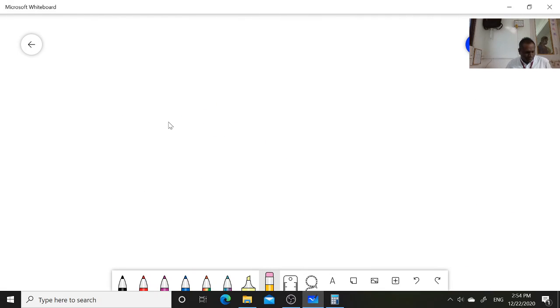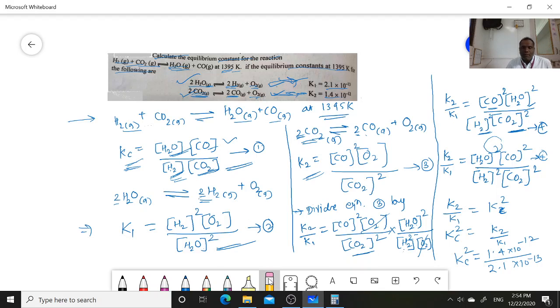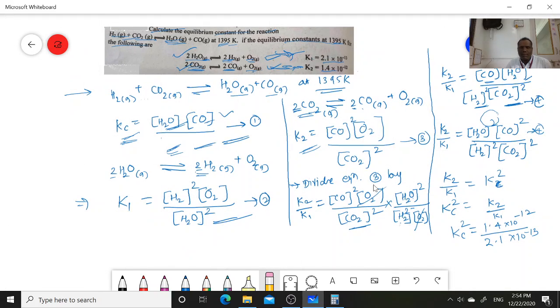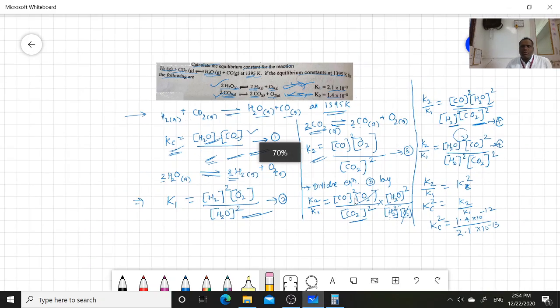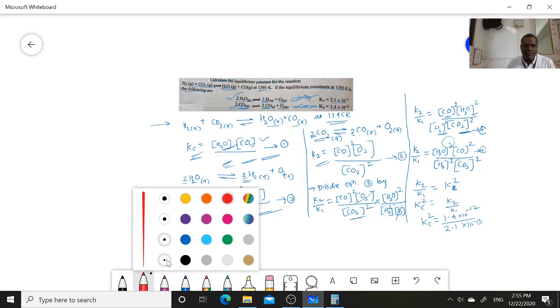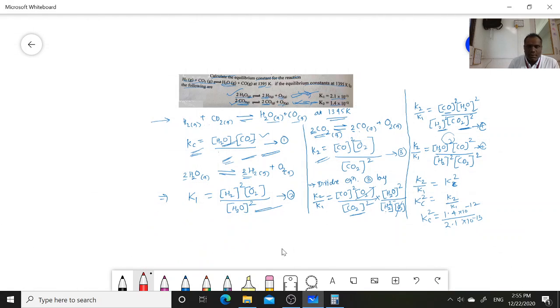So Kc square we can write from this, suppose equation number 5.